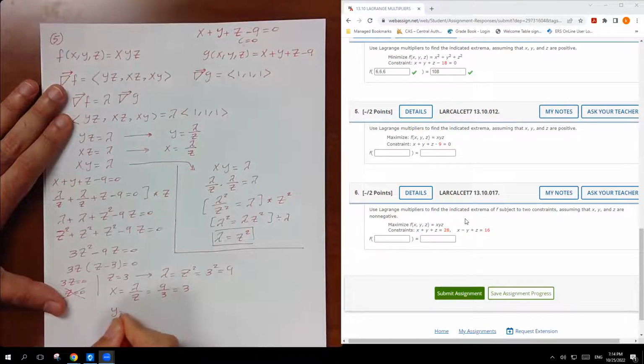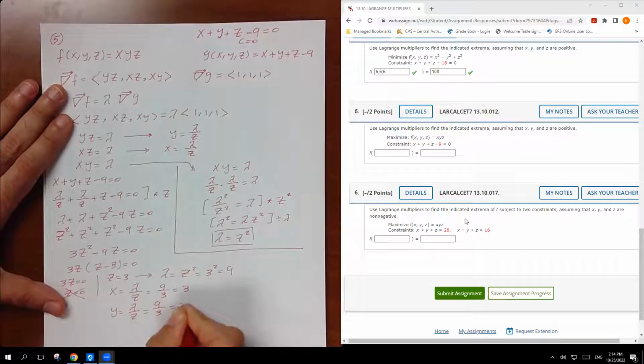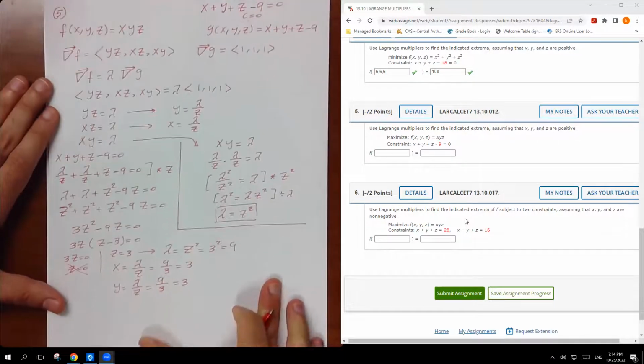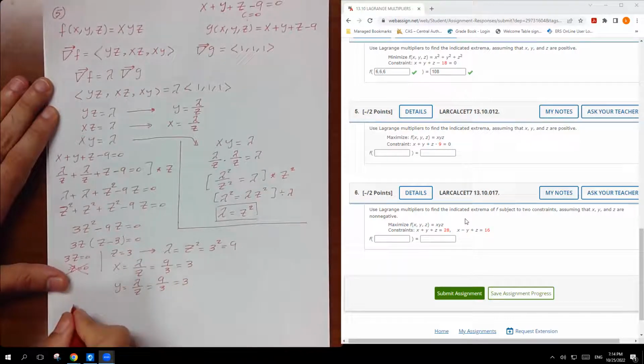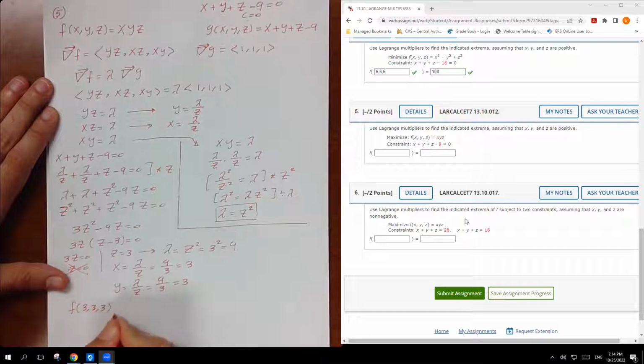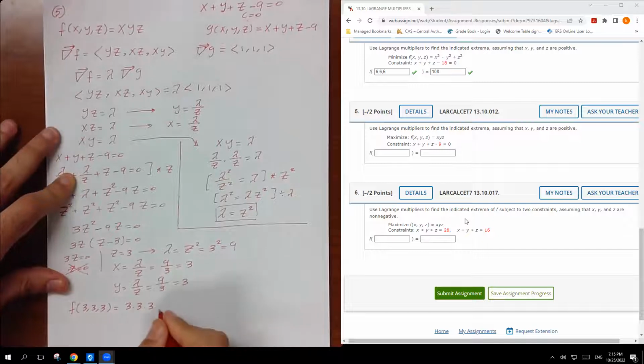And y is going to be the same thing, lambda over z, which is 9 over 3 and equal to 3. So in this case, x is 3, y is 3, and z is 3. That means f of 3, 3, 3 is going to be equal to 3 times 3 times 3 and equal to 27.